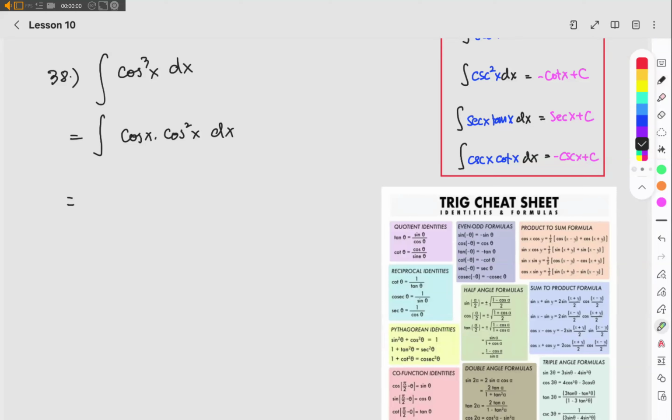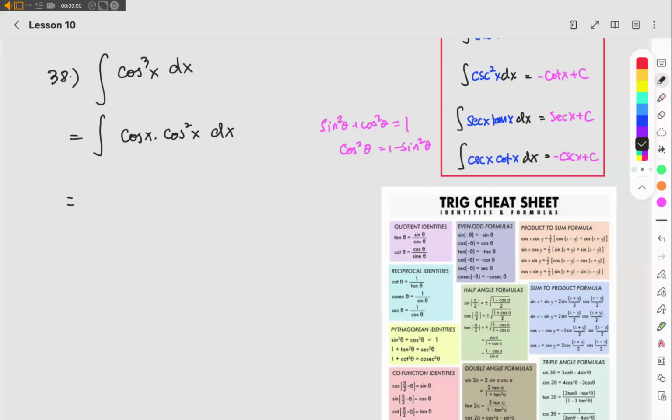So sine square of theta plus cosine square of theta is equal to 1. So cosine square of theta is simply equal to 1 minus sine square of theta. And then you just substitute this.